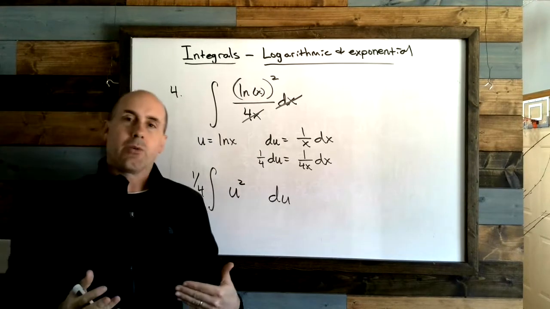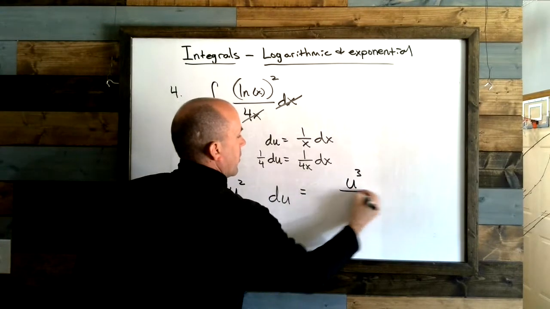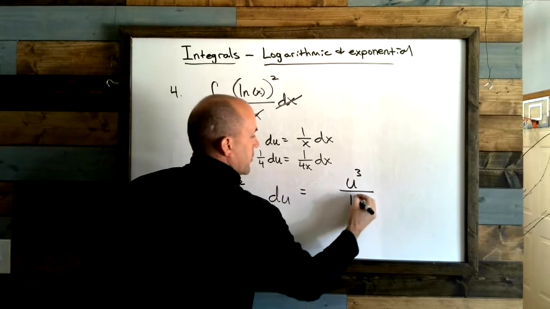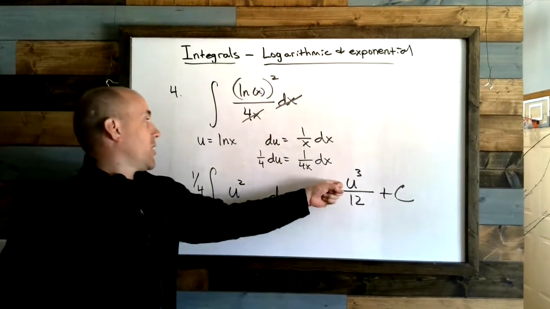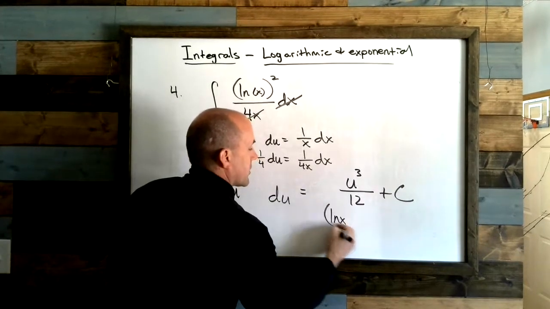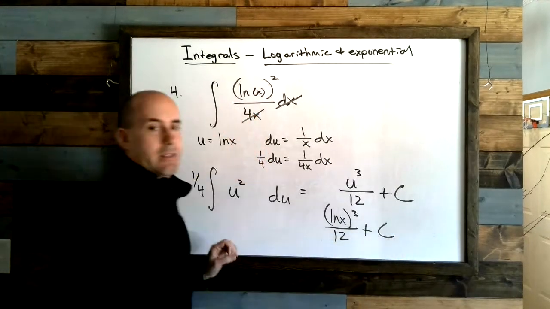And what is the antiderivative of u squared? It is u to the third over 3, or multiplied by 1/4, u to the third over 12, plus a constant. What is u in this situation? u is the natural log of x. Natural log of x, quantity cubed, over 12, plus a constant.